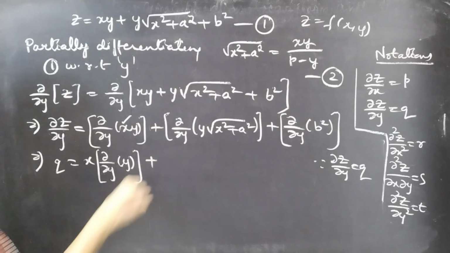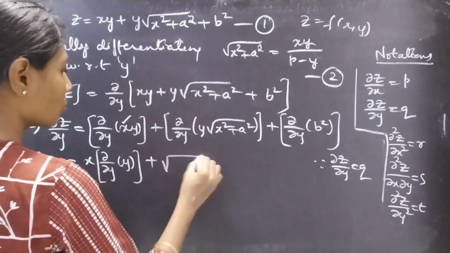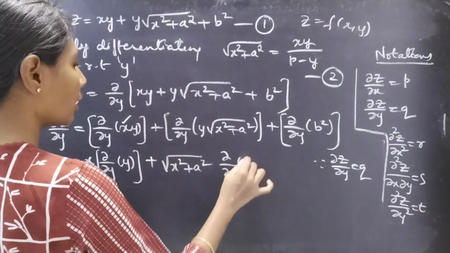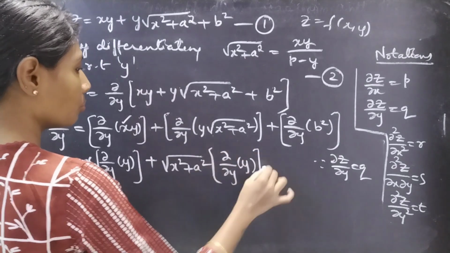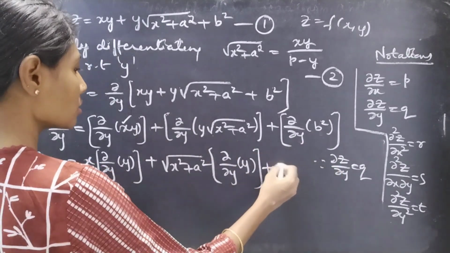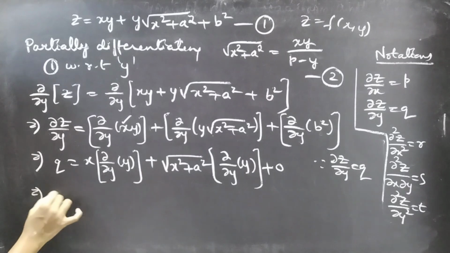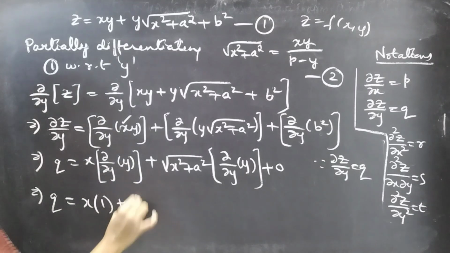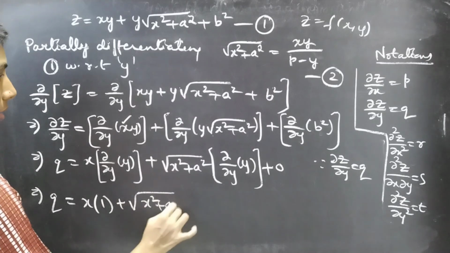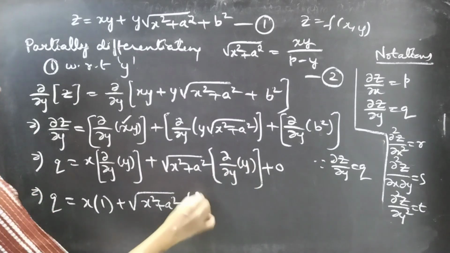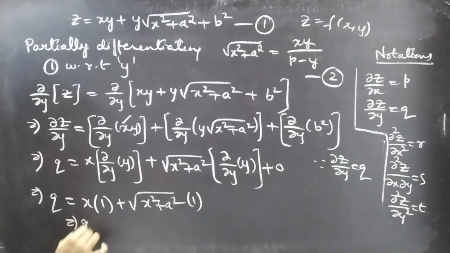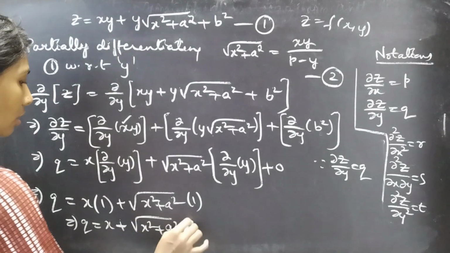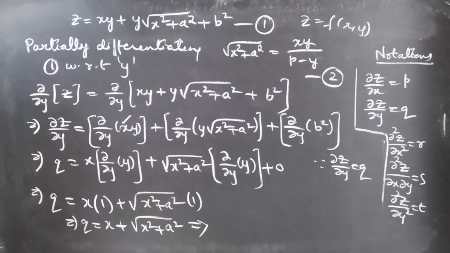Plus constant, square root of x square plus a square, into partial derivative of y with respect to y, plus partial derivative of constant with respect to y is 0, which gives us q equal to x into partial derivative of y with respect to y is 1, plus constant into partial derivative of y with respect to y is 1, which gives us q equal to x plus square root of x square plus a square.